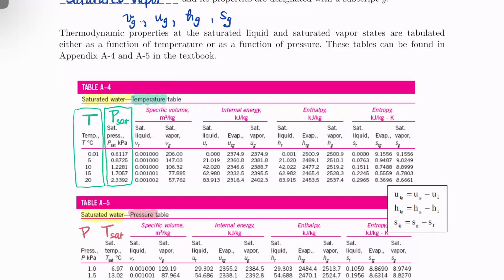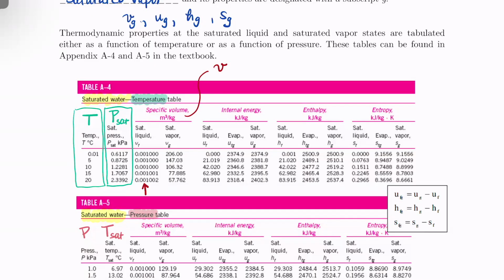Then you'll notice that we have essentially 4 big headings. We have one for specific volume, so this is our V. Under that heading, there are 2 options. If we are in the saturated liquid phase, we would be looking for specific volume for a saturated liquid, which is VF.